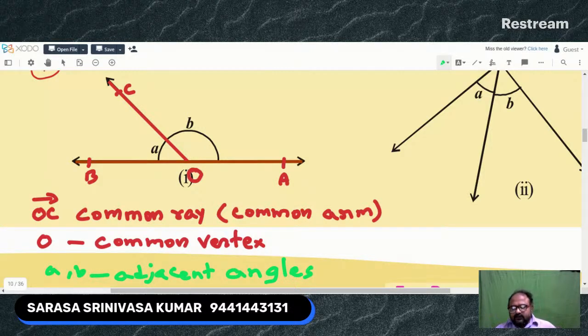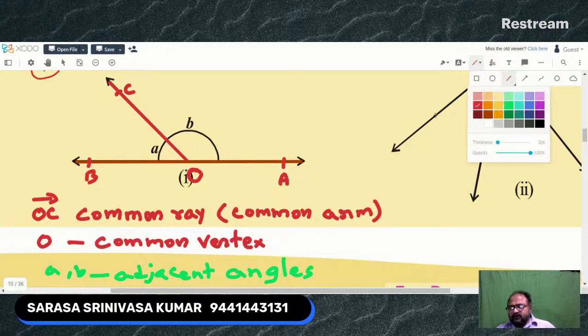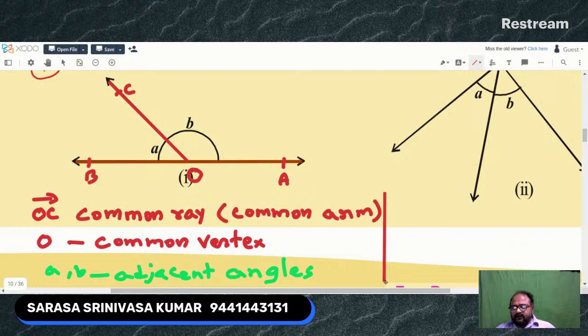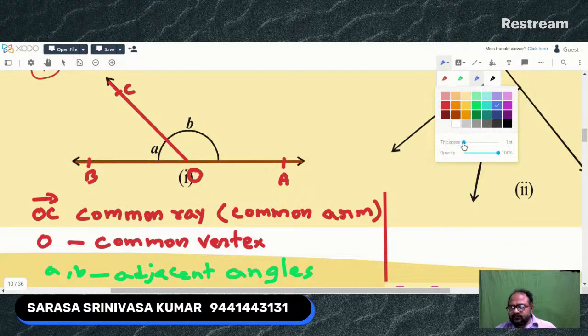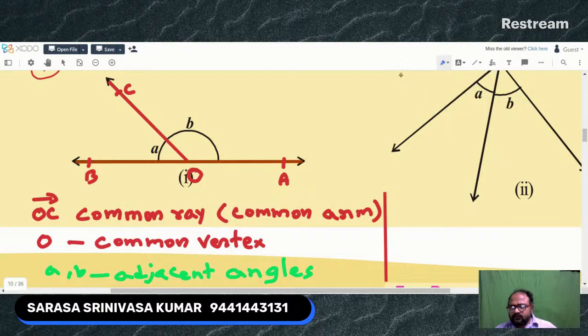Now let us observe some more facts here. The sum of the two angles A and B is equal to 180 degrees.